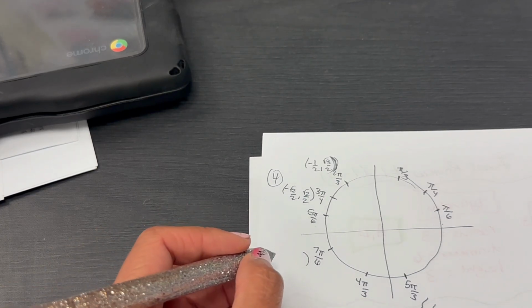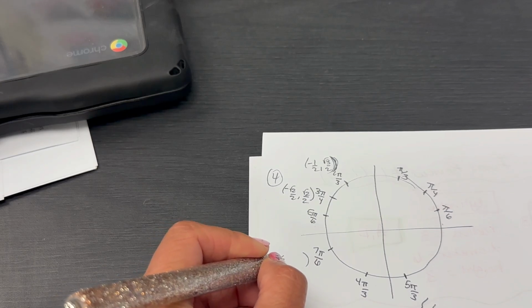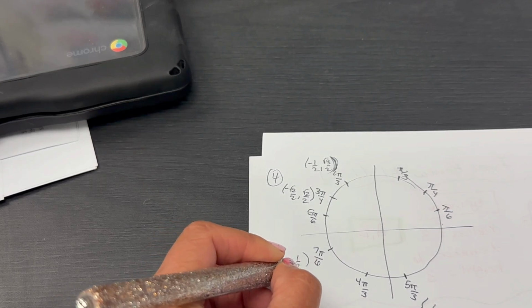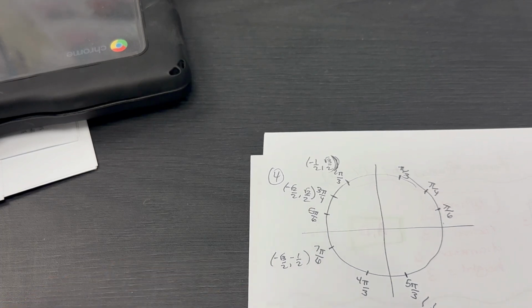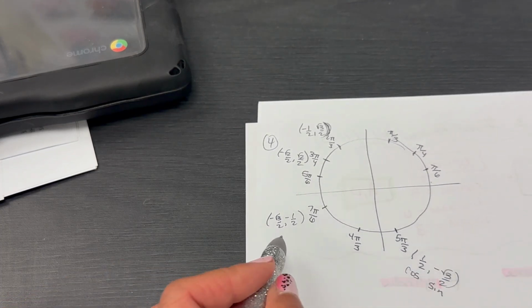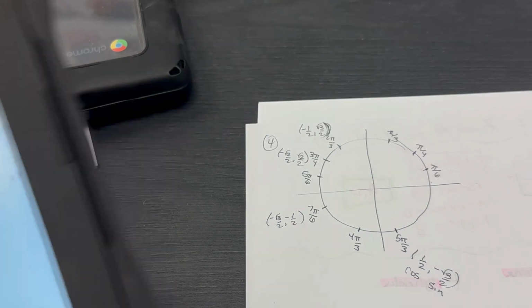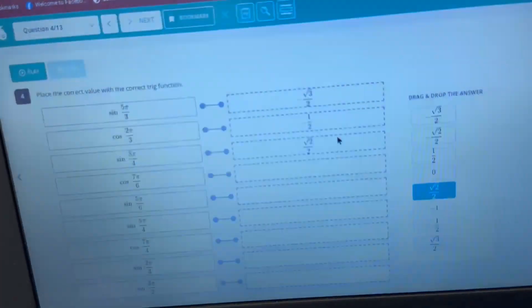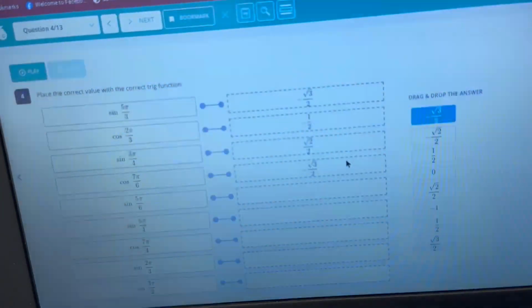And 7 pi over 6 is the reverse of a pi over 3, so it's going to be negative square root of 3 over 2, negative 1/2. Remember, they're both negative because we're in the 3rd quadrant, but I'm switching the 1/2 and the square root of 3 over 2 because we're not dealing with a pi over 3 anymore. It's pi over 6. It asks for the cosine. Cosine's the x value, so negative square root of 3 over 2 again. So I just need to go to the only one that's on my list and drag and drop it.